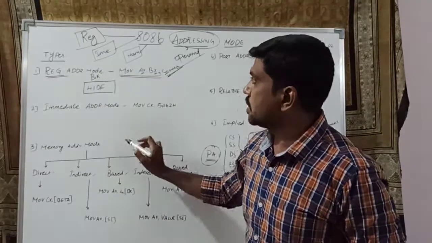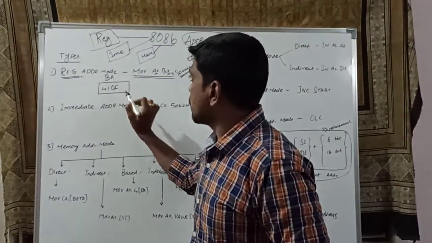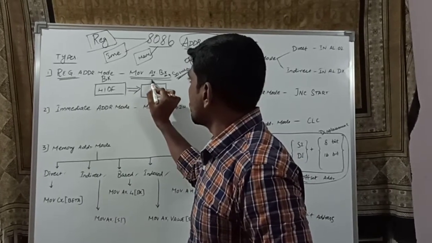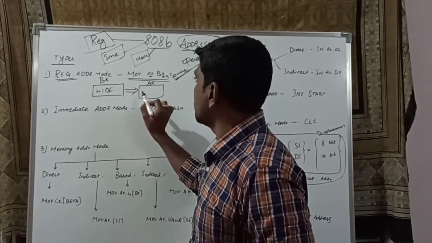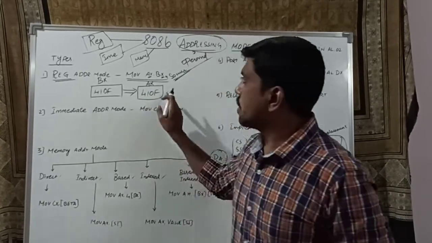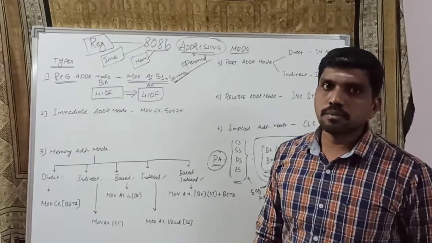After execution of this instruction, whatever value is present in BX is transferred to the AX register. AX is also a 16-bit register, and after execution it holds 410F.